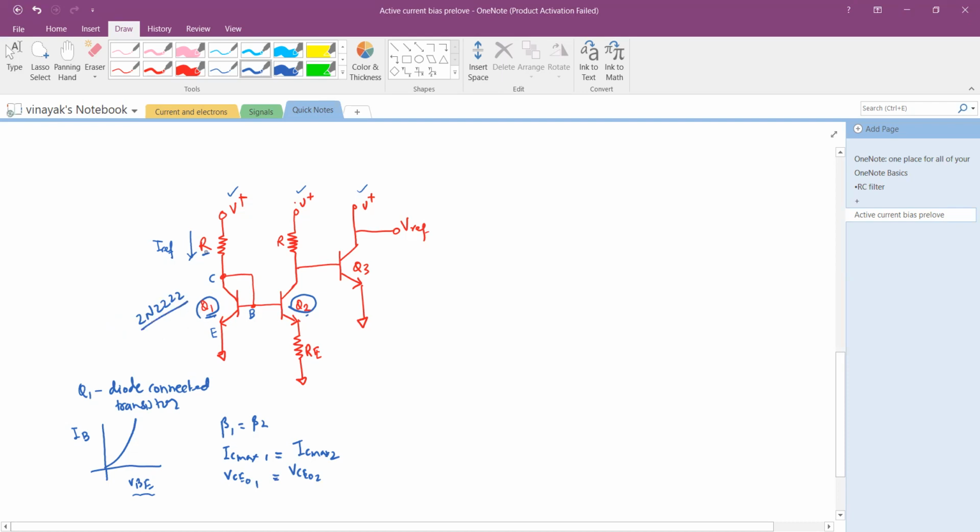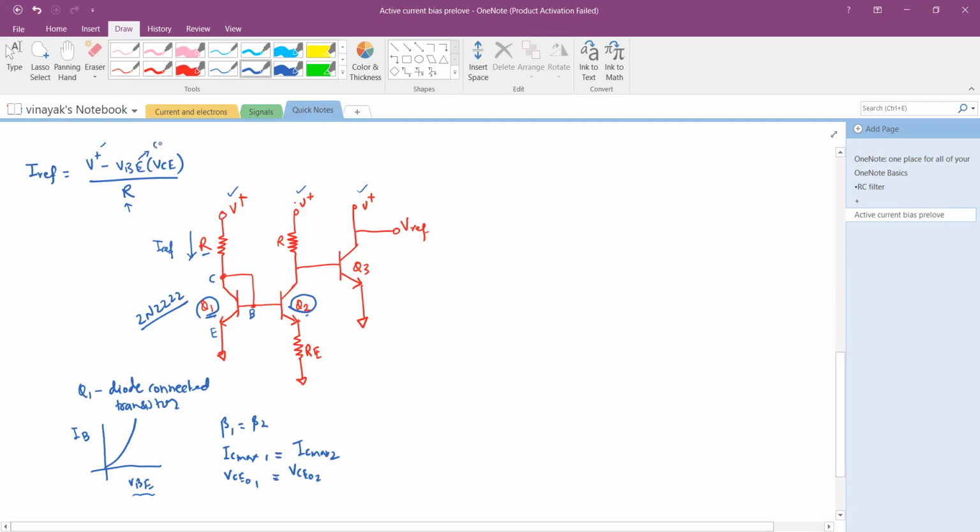And now the value of the reference current that I'm generating using the resistance R can be given as V plus minus VBE. This is nothing but VCE also, because of the diode connected transistor, divided by the value of resistor R. So choose an appropriate value of resistor for a given voltage V plus. VBE is fixed.